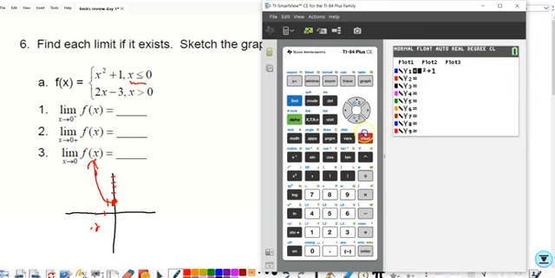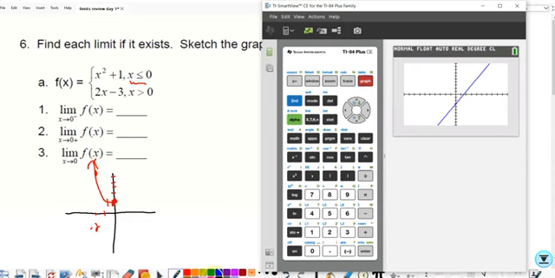And then I'm going to graph 2x minus 3. Let's see, if I hit trace 0, that shows me the y-intercept is at negative 3. And not or equal means this would be an open circle.